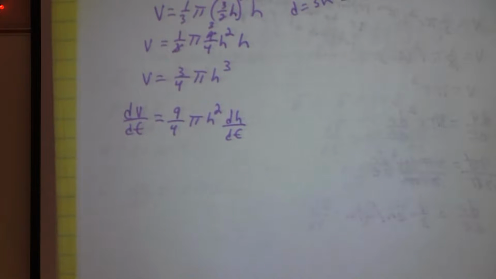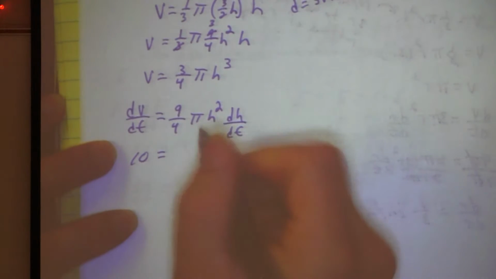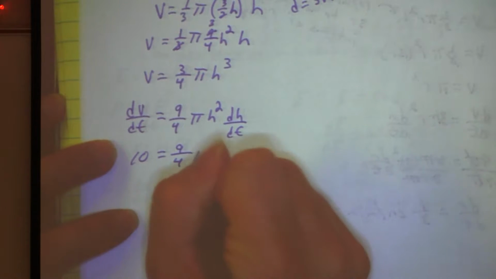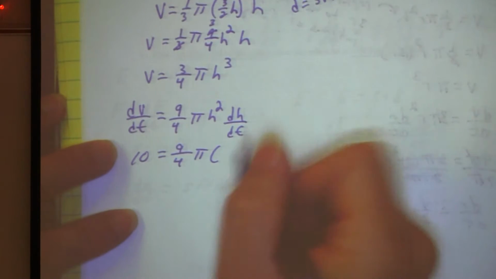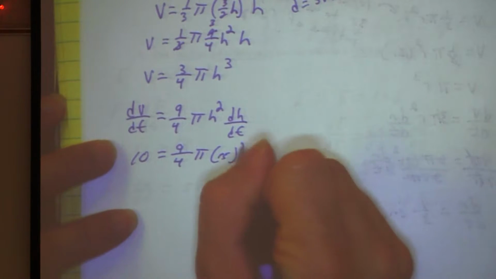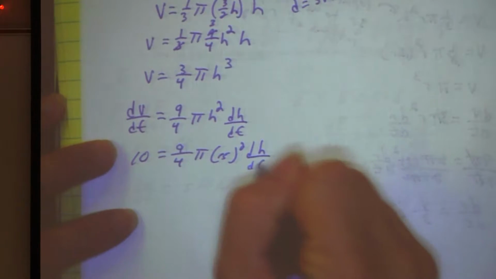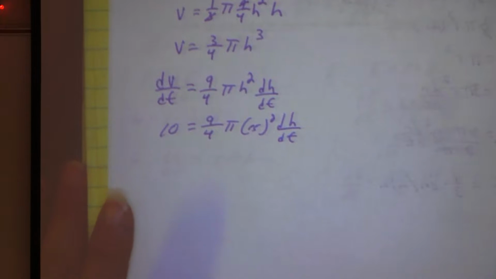Okay. Can we replace what we know? What's dV/dt? 10 equals 9 over 4 pi, what's h? 15 squared dh/dt. So let's get rid of parts at a time so we don't make our life that difficult.